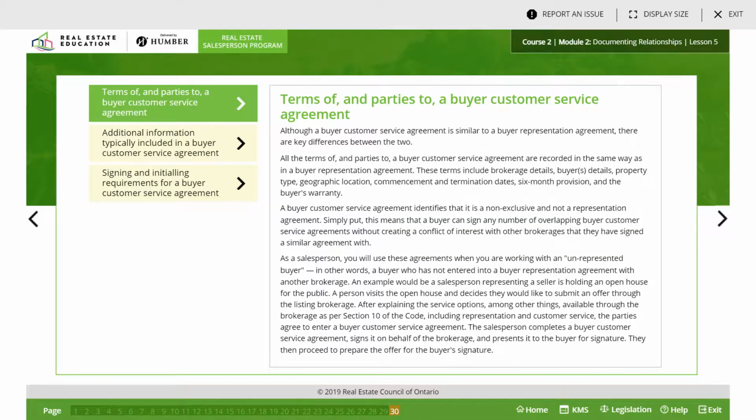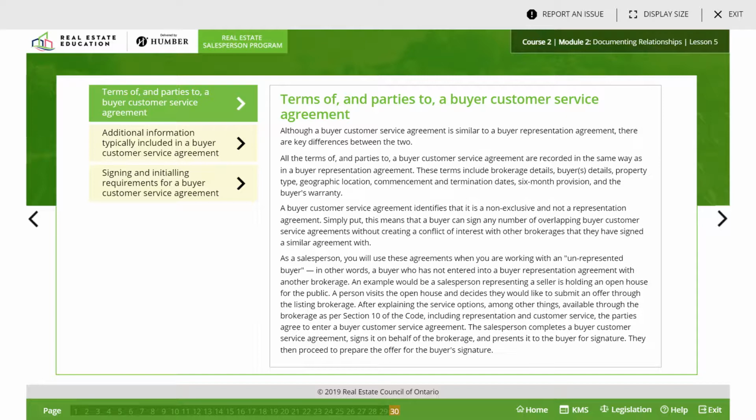We're going to go ahead and skip to page number 30 and read all of this, see what they say. Although a buyer customer service agreement is similar to a buyer representation agreement, there are key differences between the two. All of the terms and parties to a buyer customer service agreement are recorded in the same way as a buyer representation agreement.